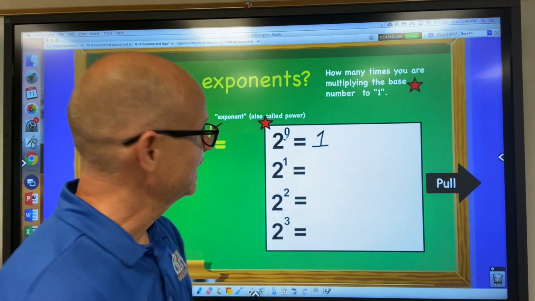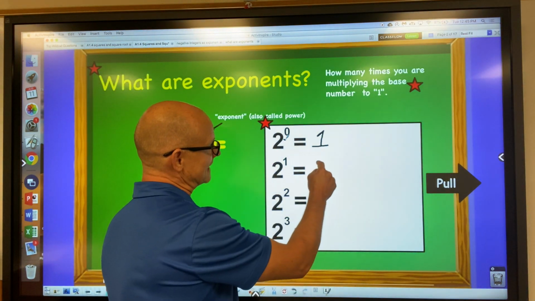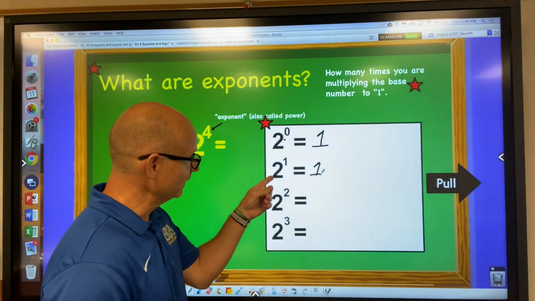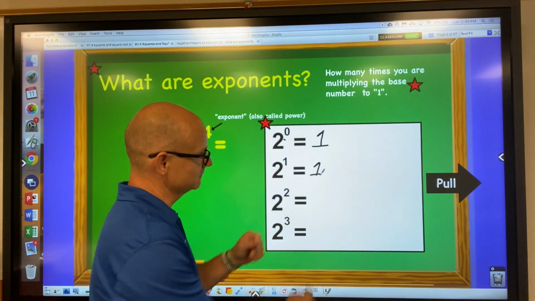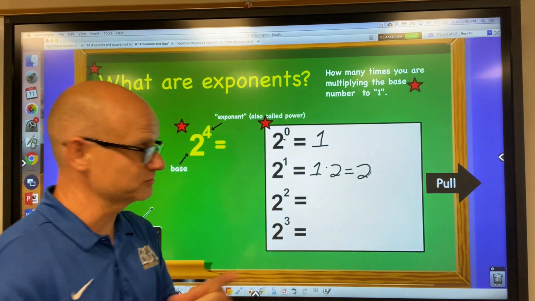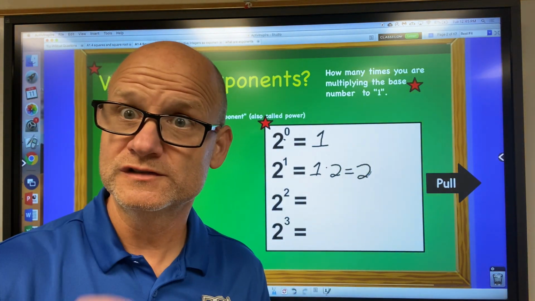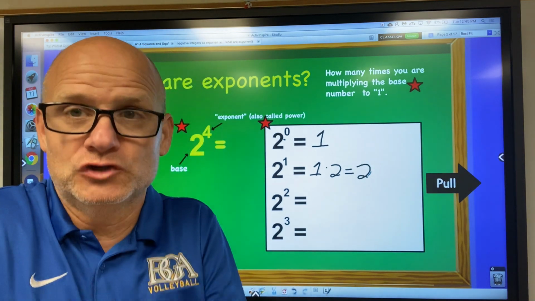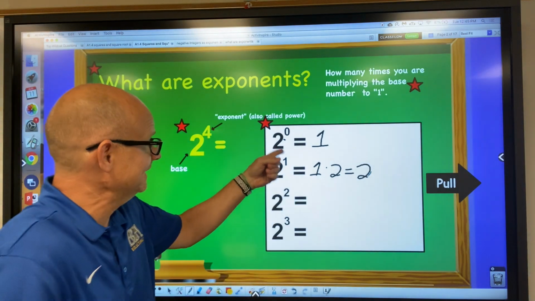And 2 to the 1st power, again, it's how many 2's you're multiplying to 1 by. This time you're only multiplying one 2 to 1, so you get 2. 2 to the 1st power is 2. 2 to the 0 power is 1, because how many 2's are you multiplying to 1 by?